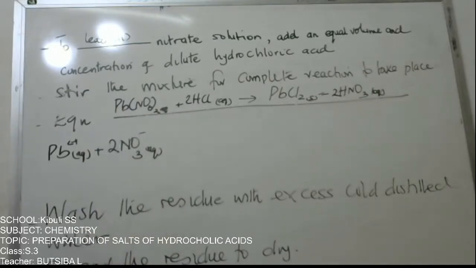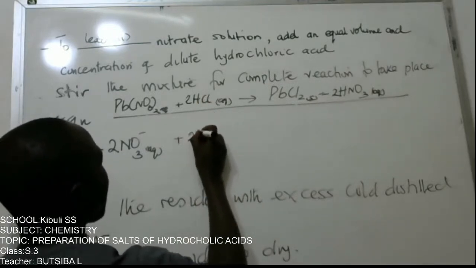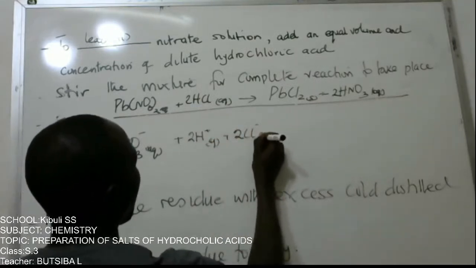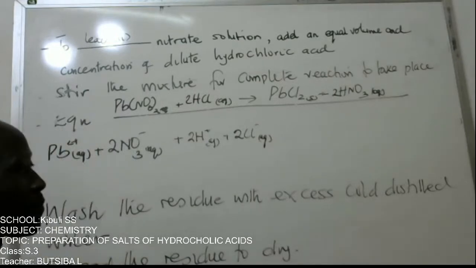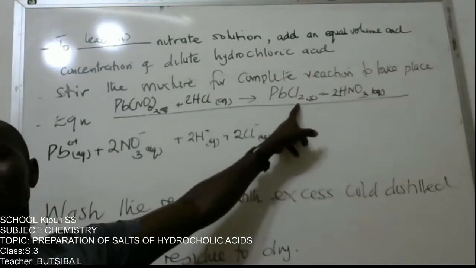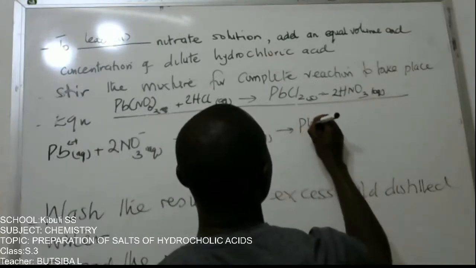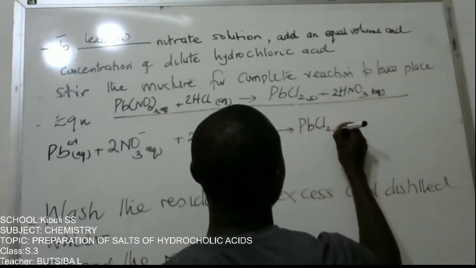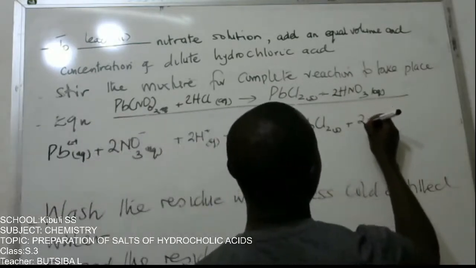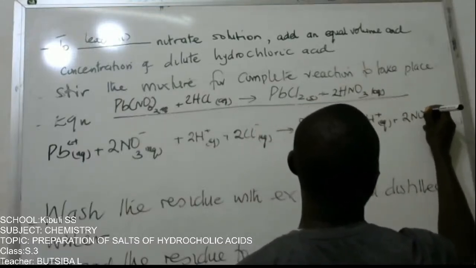Plus, hydrochloric acid will give us 2 hydrogen ions from a balanced equation, aqueous, plus 2 chloride ions, which is also aqueous. When the two mix, what are we obtaining? Lead 2 chloride, which is a solid. The 2 ions are holding one another, so they will come as one solid, PbCl2 solid.